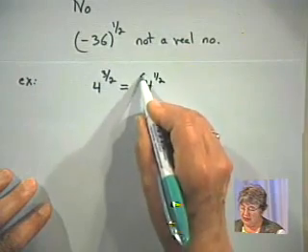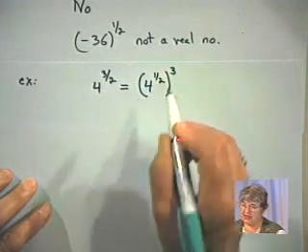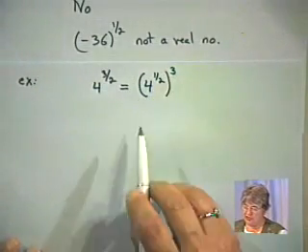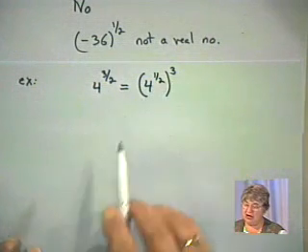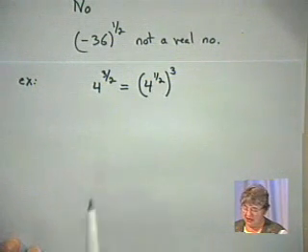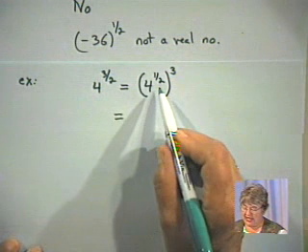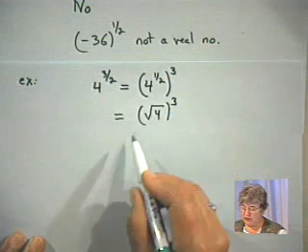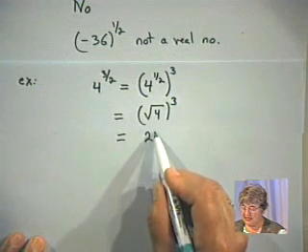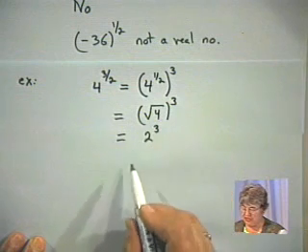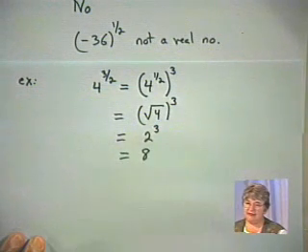So now we have 64 to the 1/2 power, but that's just the square root of 64, and that's the same thing as 8. So you notice that we get exactly the same solution whether we take the root first and then take it to a power, or whether we take it to the power first. We can do this provided that every root is a real number.